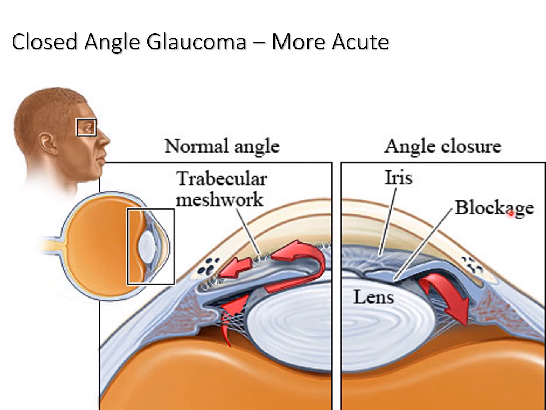That is a problem because of a blockage. And closed angle glaucoma is more acute, more deadly. That's the main difference here, and that's pretty much all I would want you to remember in terms of normal angle versus angle closure. At least be able to explain that to me.